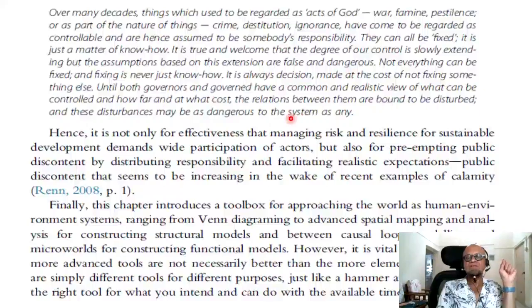Until both governors and governed have a common and realistic view of what can be controlled and how far and at what cost, the relations between them are bound to be disturbed, and these disturbances may be as dangerous to the system as any.